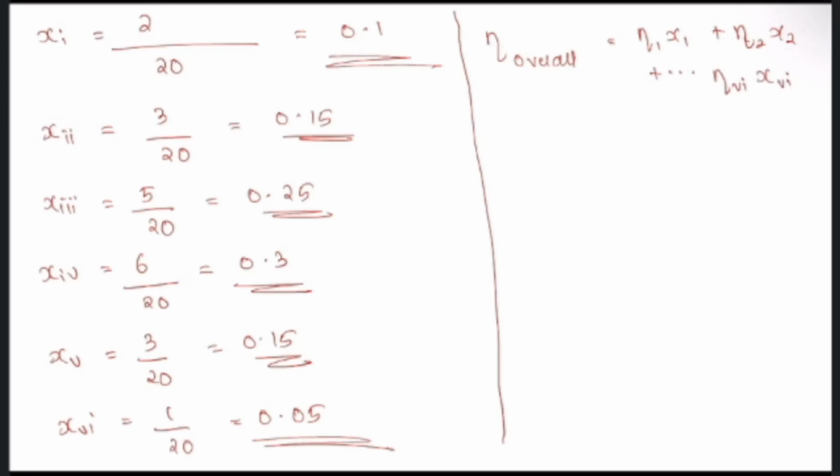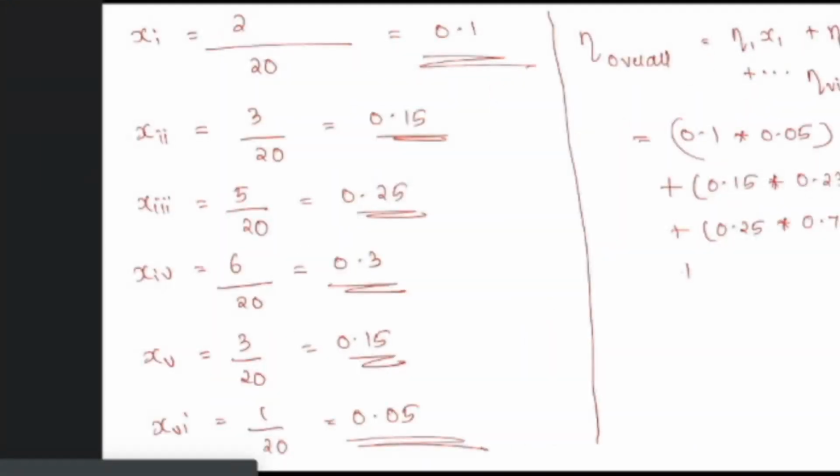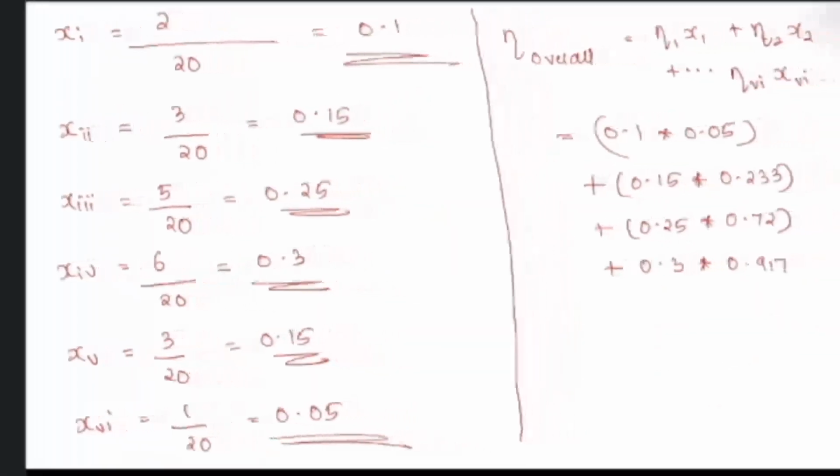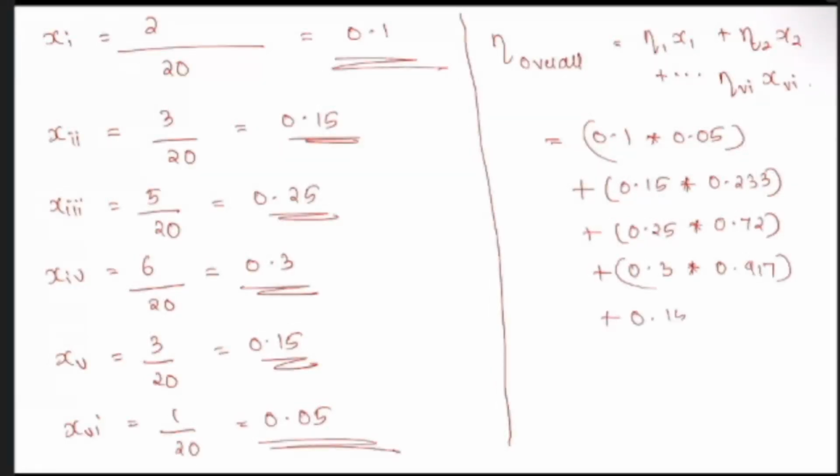Substituting this, we get 0.1 into 0.05, plus 0.15 into 0.233, plus 0.25 into 0.72, plus 0.3 into 0.917, plus 0.15 into 0.967, plus 0.05 into 1.